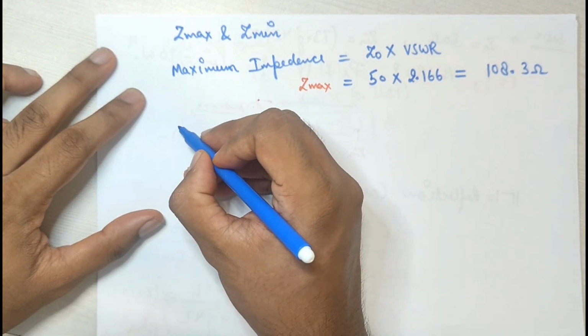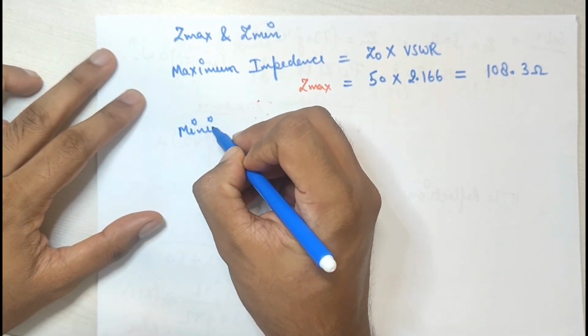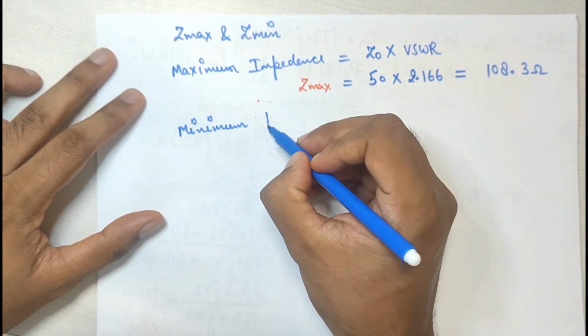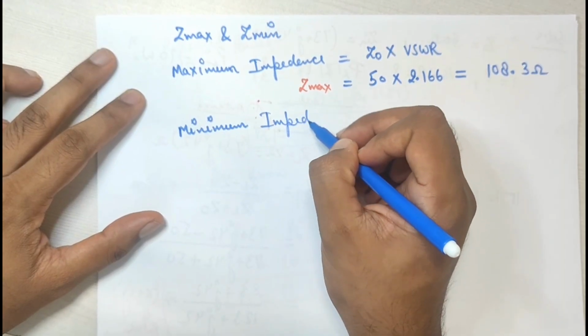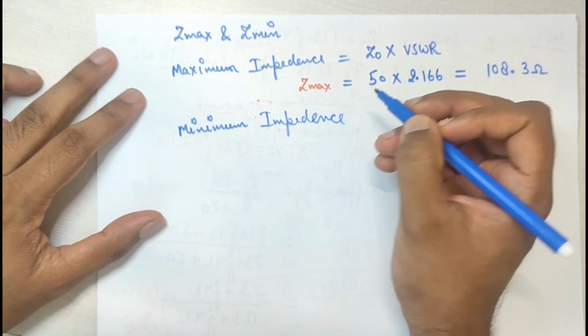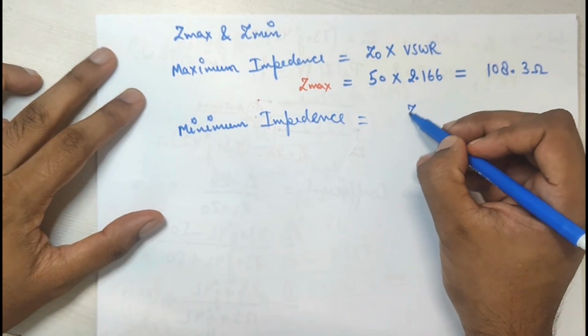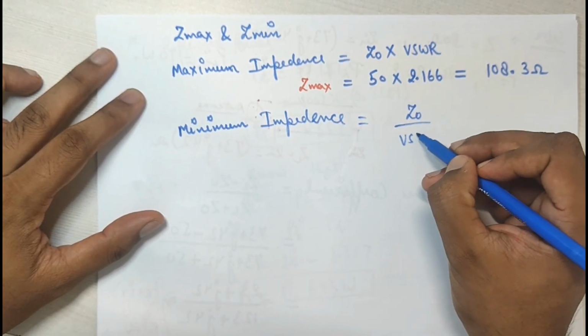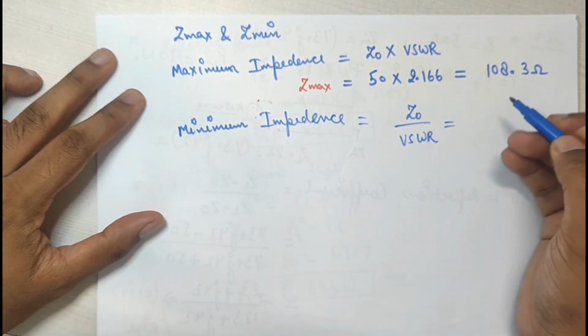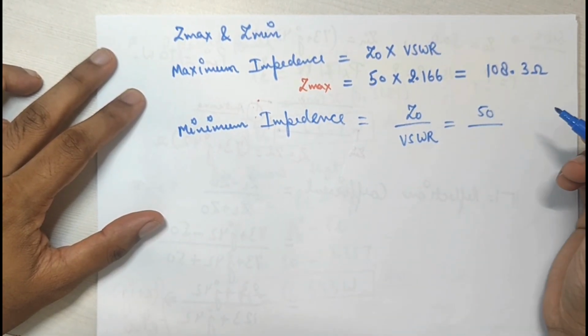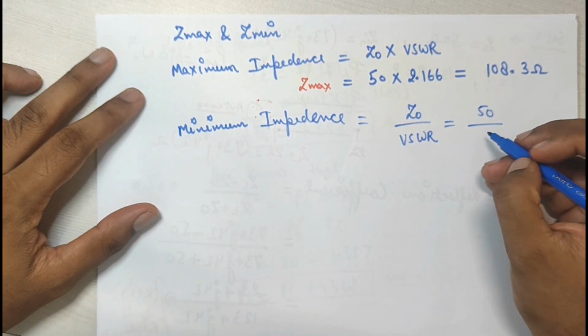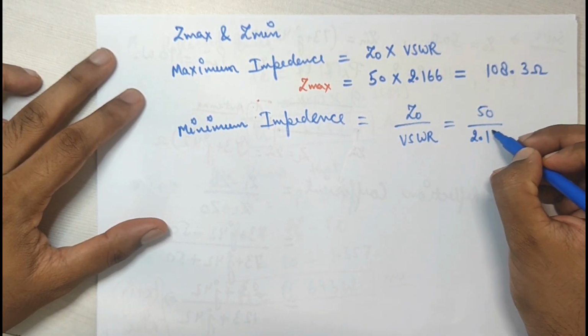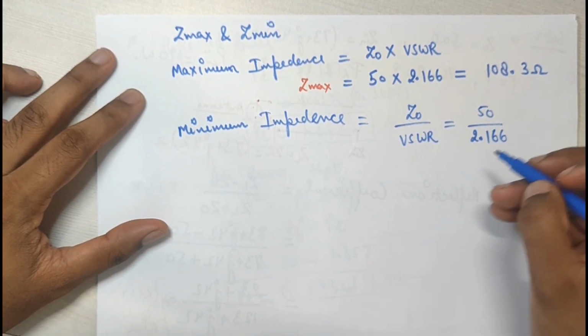Then for Zmin, the minimum impedance, that is nothing but Z0 upon VSWR, that is 50 upon 2.166.